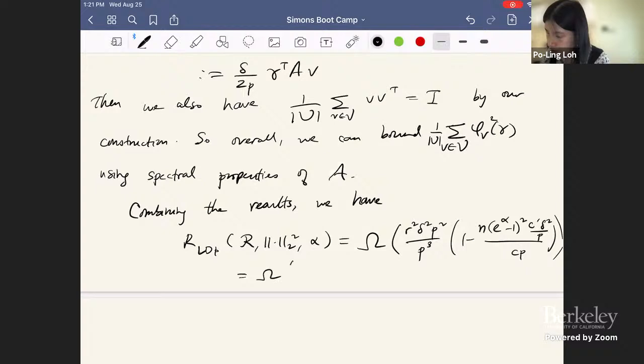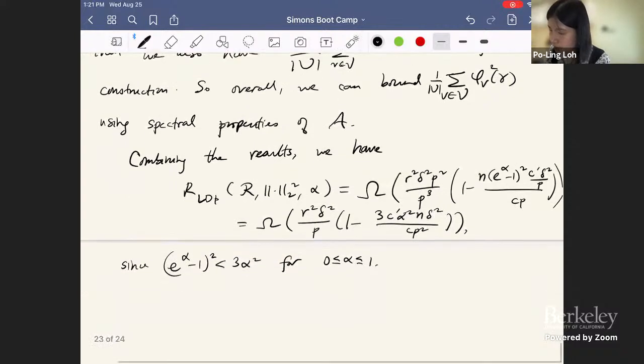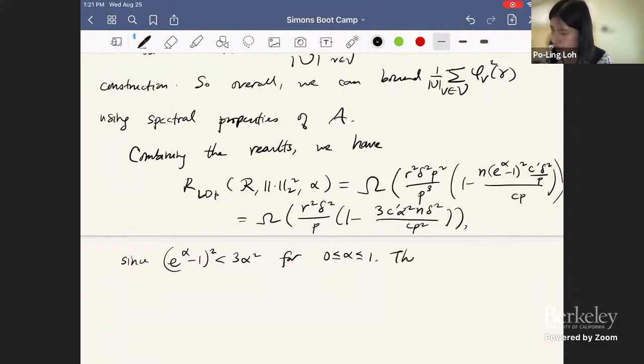This is omega of R squared delta squared over P times 1 minus 3C prime alpha squared n delta squared over CP squared, since e to the alpha minus 1 quantity squared is bounded by 3 alpha squared for alpha between 0 and 1. And so now we play the usual game.